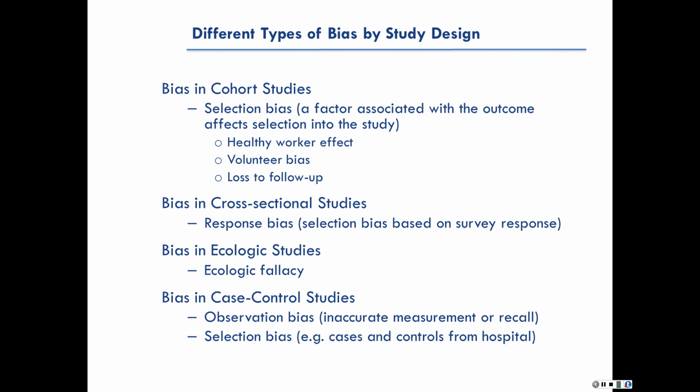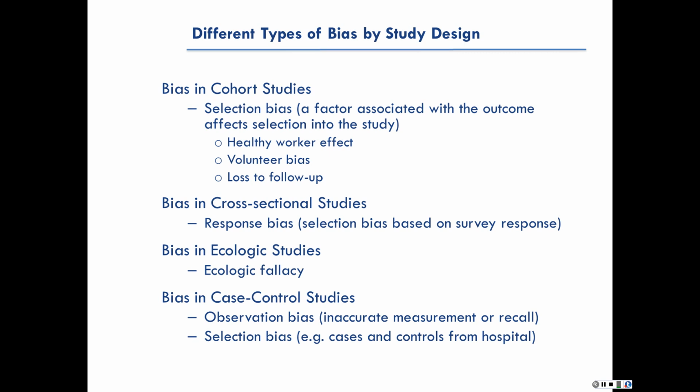One is observation bias, and so this has to do with incorrect measurement. Because we're going back in time, people were selected based on being cases, and then we have to go back in time to get the antecedent variables and exposures. And so the data might not be good, and so that creates inaccurate measurement.